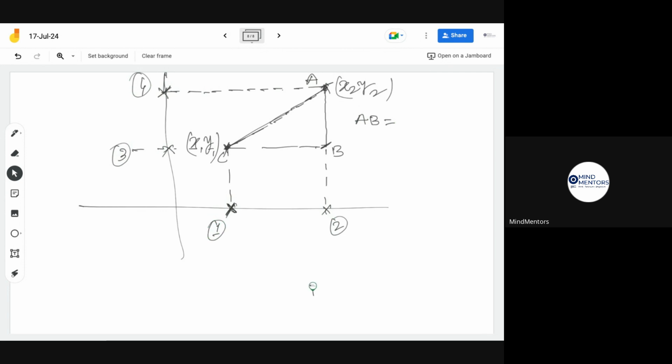The only thing given to you is this: the coordinate of C1, which is x1, y1, and the coordinate of A, which is x2, y2. So you have to find all four points, 1, 2, 3, 4. What is the coordinate of point number 1?